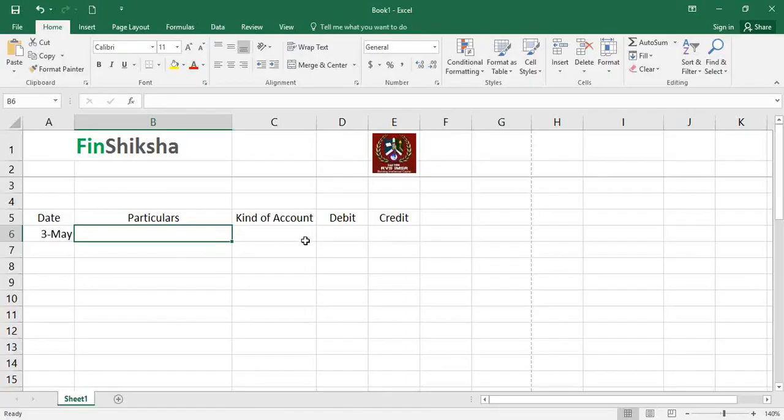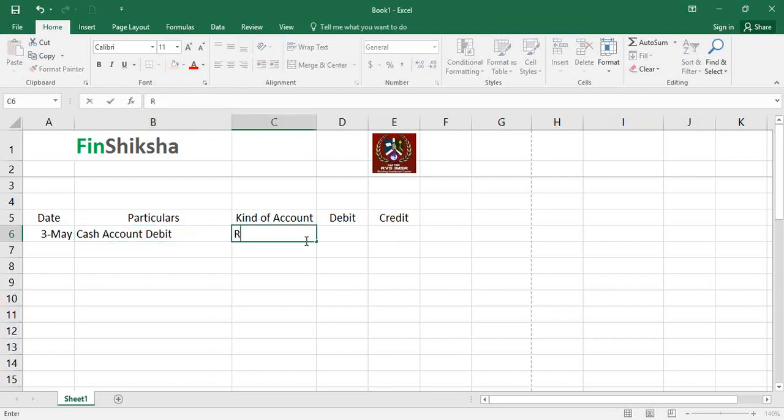So what is going to be debited? We're going to put in cash account debit. Why debit? Because cash is a real account, right? And debit what comes in basically in this case, right? To capital account person A, or person A capital account, we can name it anything.